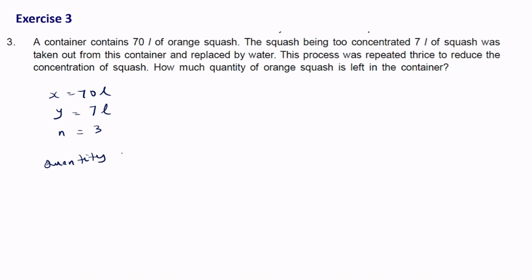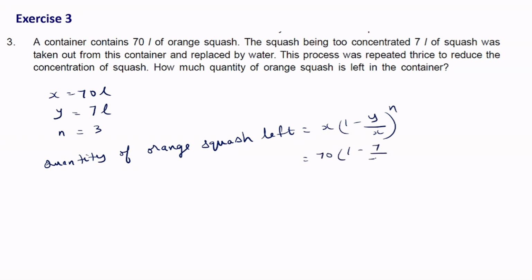So quantity of orange squash left is equal to X into (1 minus Y by X) the whole raised to N. So here it is 70 into (1 minus 7 by 70) the whole cube. So this is 70 into (1 minus 1 by 10) the whole cube.